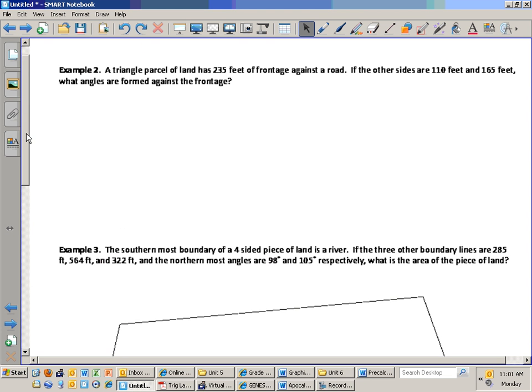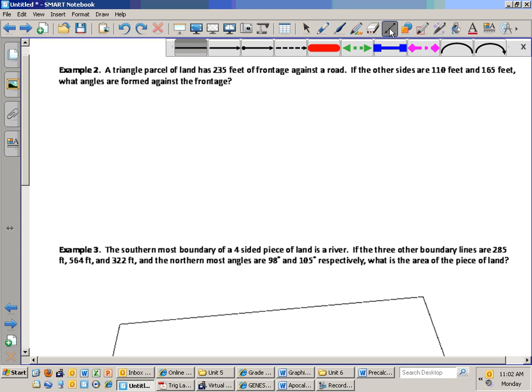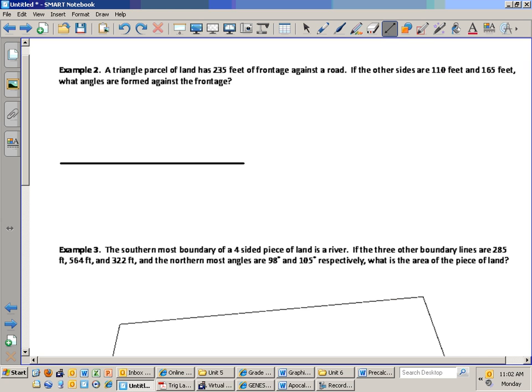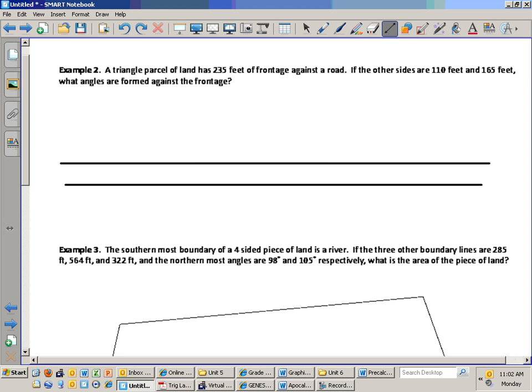It says, example 2, a triangle parcel of land has 235 feet of frontage against a road. I draw excellent roads.